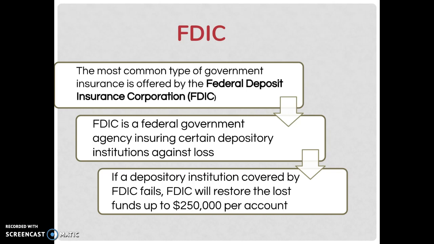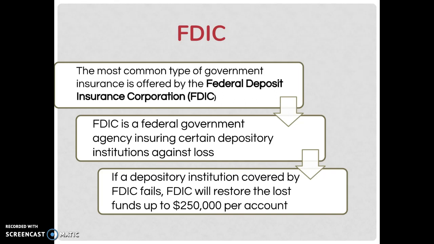Also with savings tools, the Federal Deposit Insurance Corporation, or the FDIC, insures all savings accounts that are FDIC insured, which is most high-profile banks and institutions. They will insure you up to $250,000 per account just for saving your money with them.